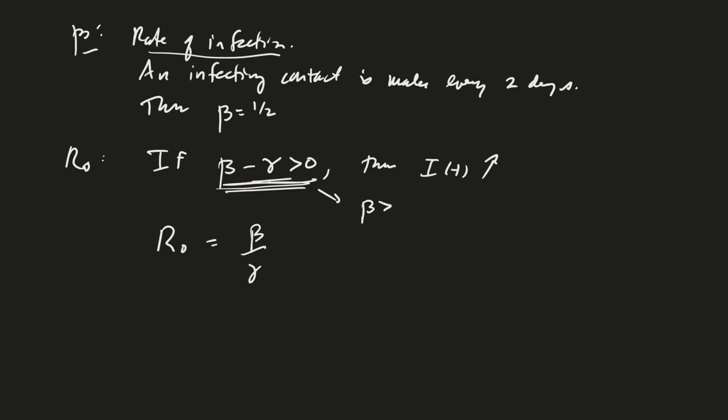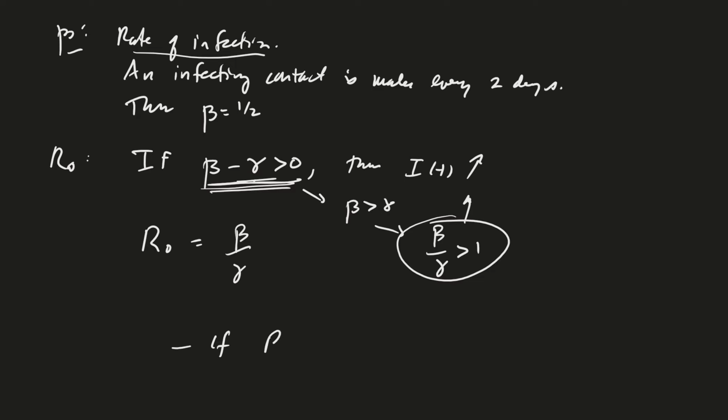That means that beta is greater than gamma, and so that means that if beta over gamma is greater than 1, we're going to have trouble, right? And so that is R naught. So we could say right off the bat, if R naught is greater than 1, we have an epidemic.